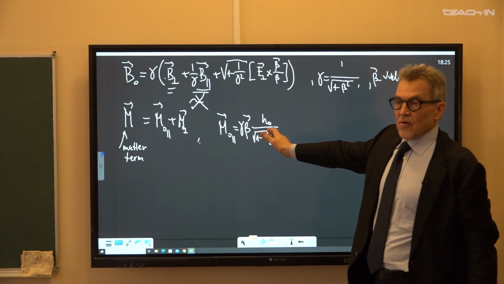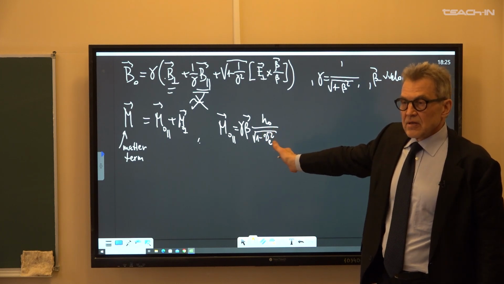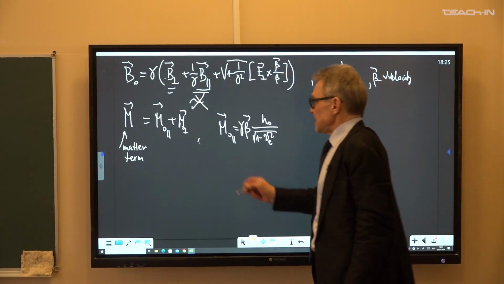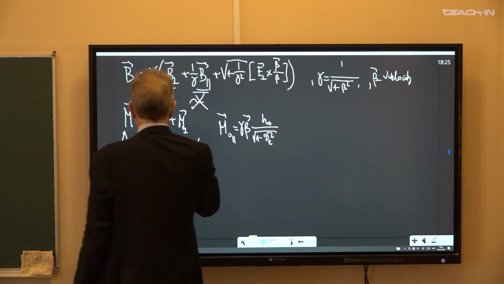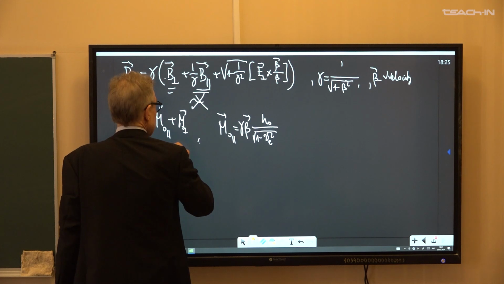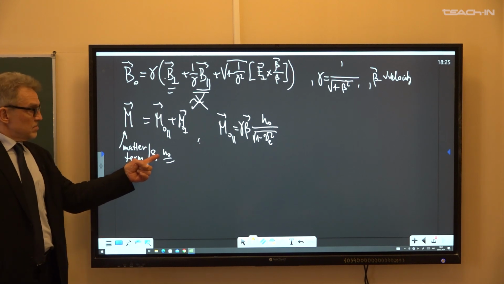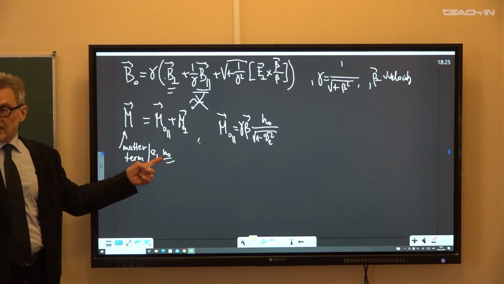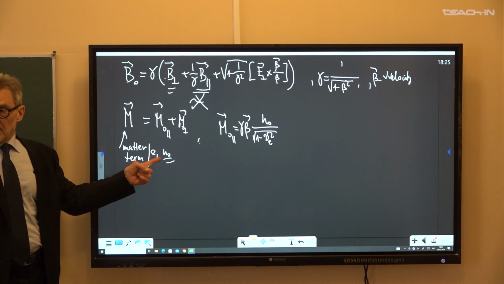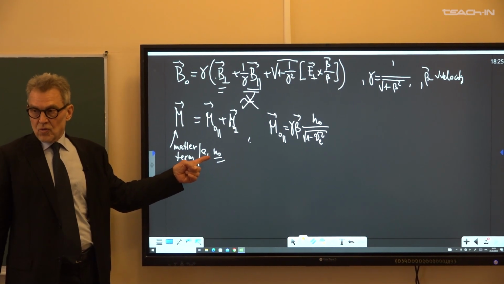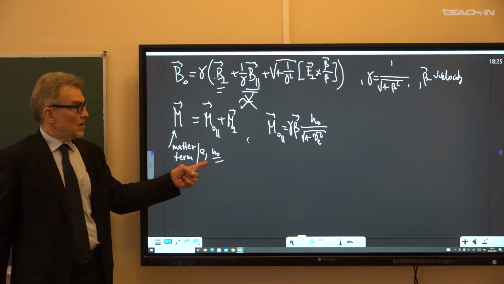For simplicity, as an example, we consider that matter is composed of electrons, and in the laboratory frame it is described by the invariant number density in the laboratory frame. This is the number of electrons per cubic centimeter in the laboratory frame.